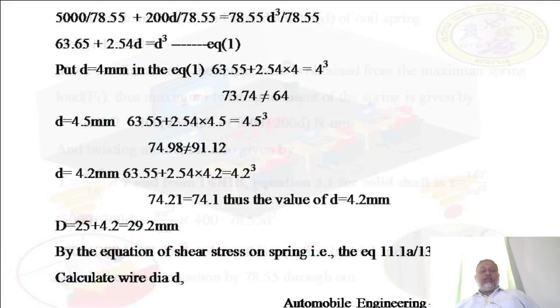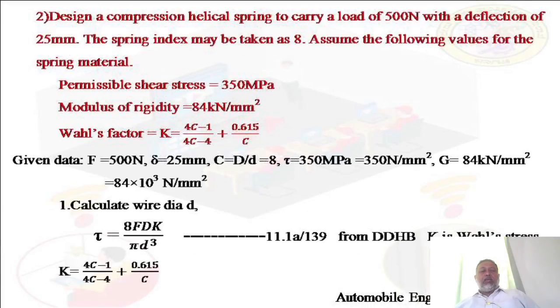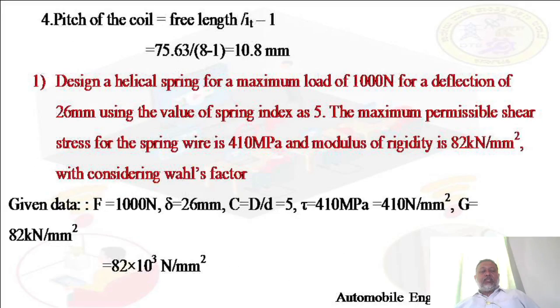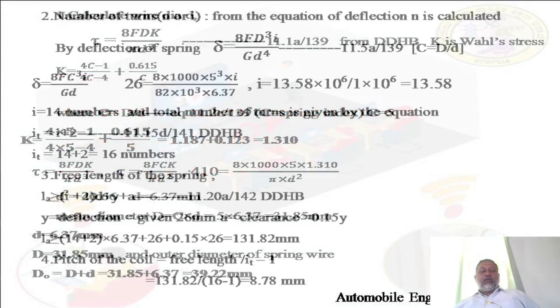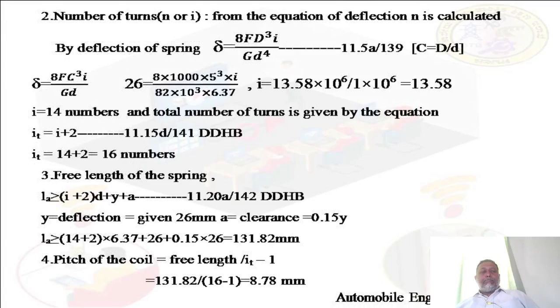After getting this, we will go for the number of turns to be calculated with the help of the deflection equation. The deflection equation is given by delta is equal to 8 F D cube I by G d power 4. So D cube by small d power 4 is given by C cube by d, or you can use D cube by small d to the power 4 also to obtain I, that is the number of turns.